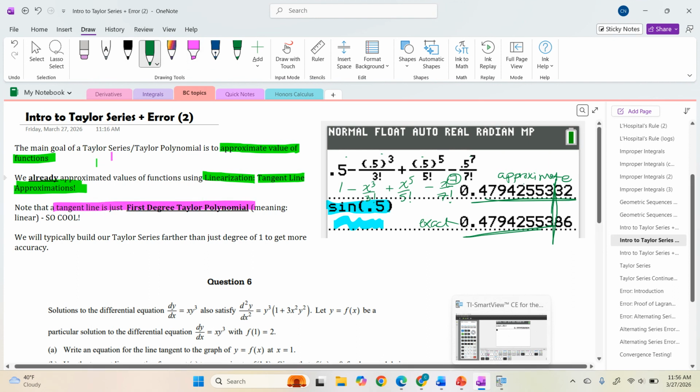So that means if you took your polynomial and you only went out to the first power, not like the 7th, the 5th, or the 3rd power. So you've kind of been doing Taylor series this whole year with a tangent line. So a tangent line is a first degree or linear Taylor series. It's just tangent lines aren't as accurate because we usually go farther than just the first degree. Because the further out you go, if you kept going to x to the 9th or something, it would get even more accurate.